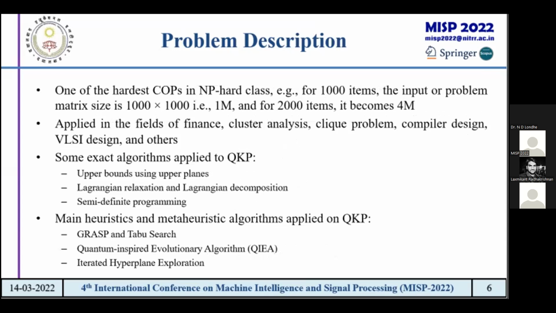The hardness of QKP can be understood from the fact that even for 1,000 items, the input matrix size is 1 million, and for 2,000 items, it becomes 4 million. Apart from the imaginary example of robbing a jewelry center, QKP has been applied in the fields of finance, cluster analysis, clique problem, compiler design, and others. And there are some exact algorithms and some metaheuristics and heuristics applied to solve QKP.